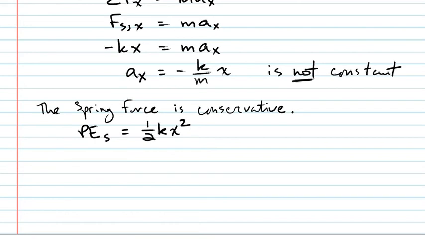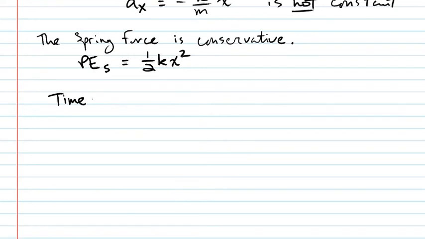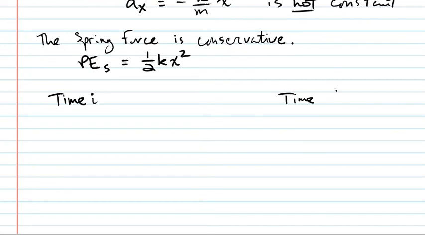In a problem, if we were looking at the motion of a mass attached to a spring in the horizontal, so just like the pictures up above, but we'll draw some new pictures here.